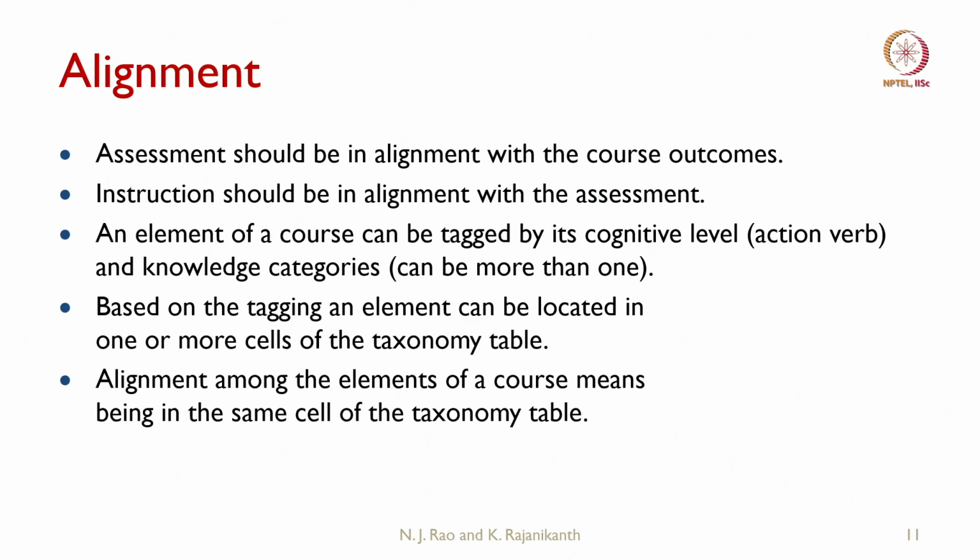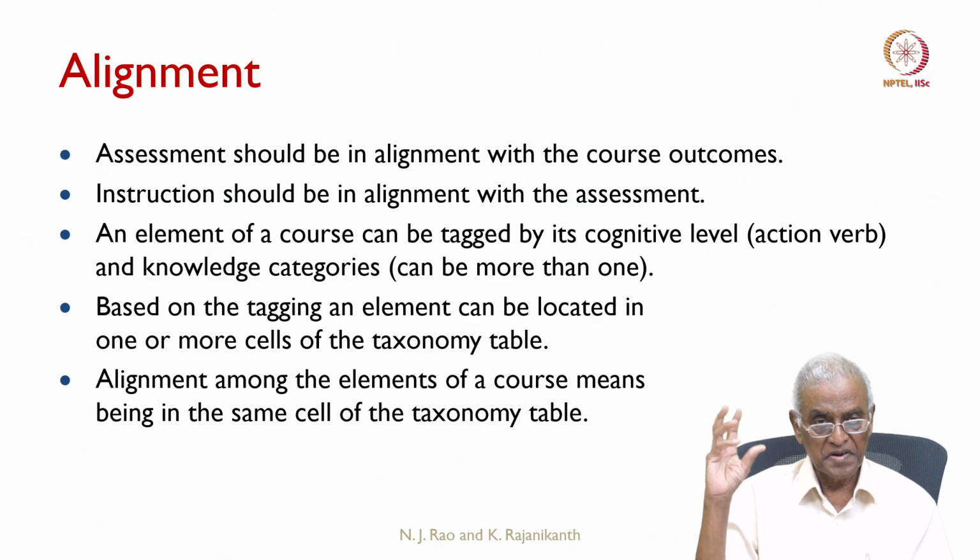We will talk about the action verb. We have mentioned the action verb earlier, but when we write the course outcomes, it will be more clear by its cognitive level and knowledge categories. The number of knowledge elements in a course outcome can be more than one. It is not restricted to only one.